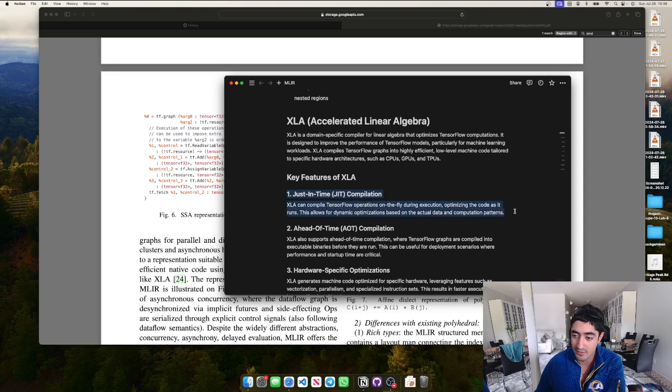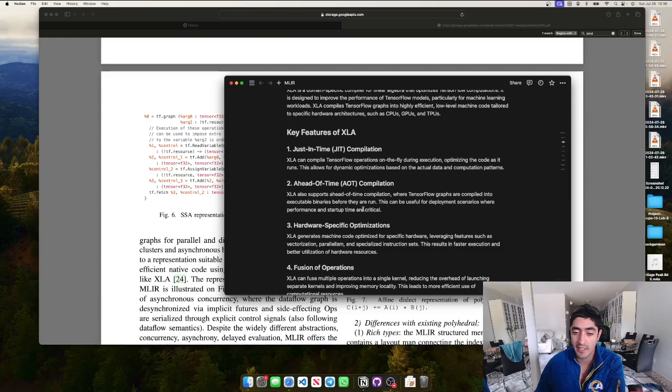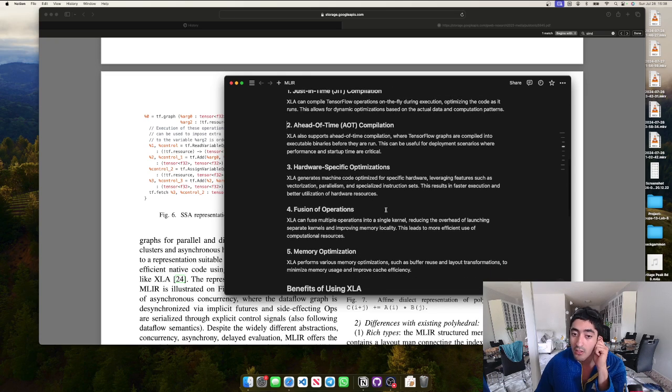This is very interesting. Ahead of time compilation. XLA also supports ahead of time compilation where TensorFlow graphs are compiled into executable binaries before they run. This can be useful for deployment scenarios where performance and startup time are critical.